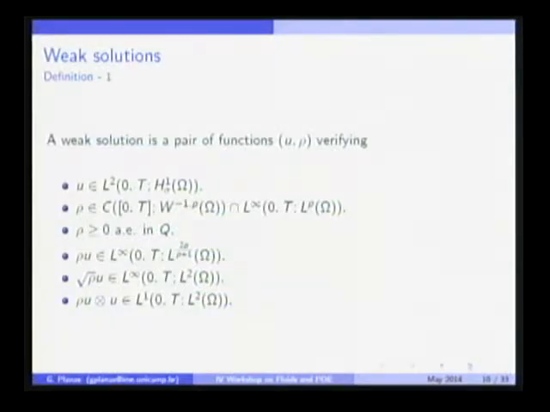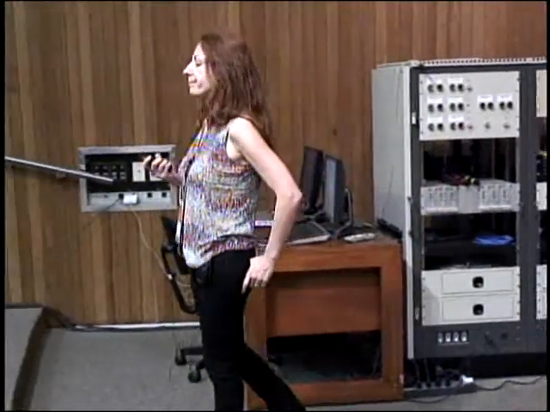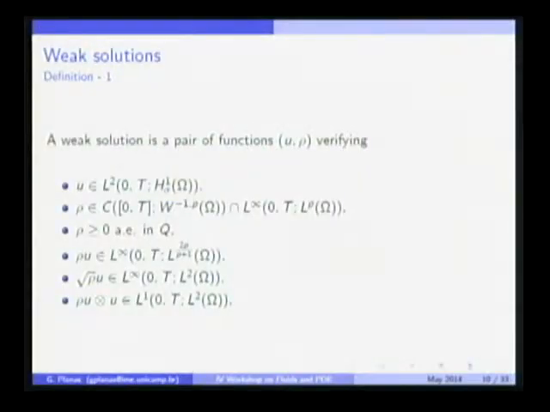Let's introduce the way we understand our problem, which is the definition of the weak solution. It's a pair of functions, u and rho, satisfying this regularity. The velocity is in L2 with values in H1 and is divergence free.